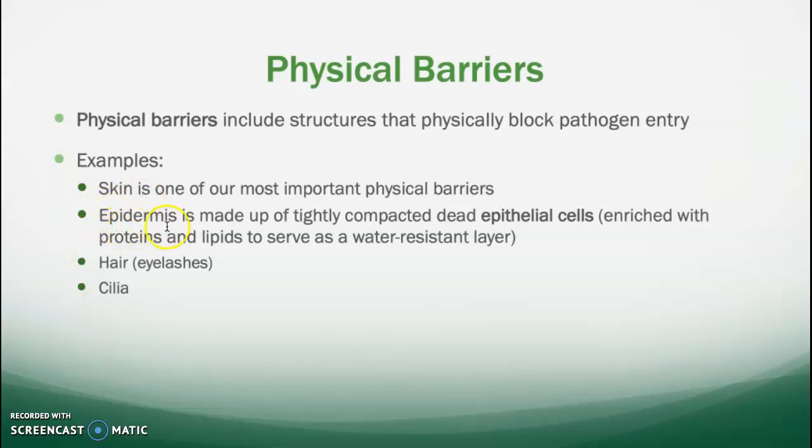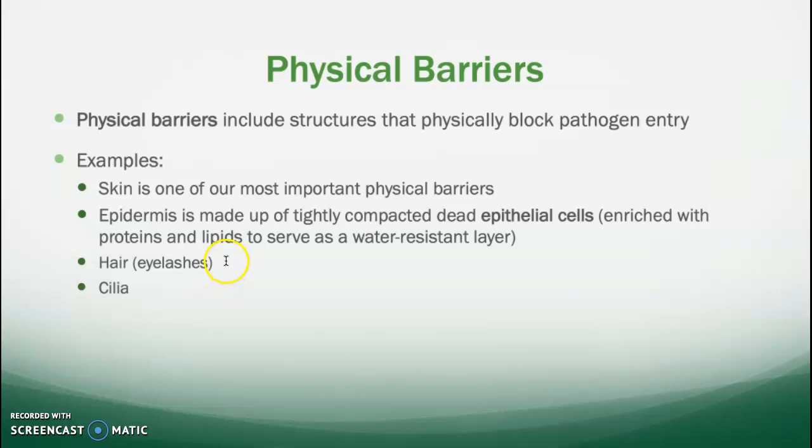The skin is made up of an epidermis on the outer coating that is made up of tightly compacted dead epithelial cells. So this is a water-resistant layer that makes it very difficult for a pathogen to get through. We also have hair, like on our eyelashes or our eyebrows, that are physical barriers.